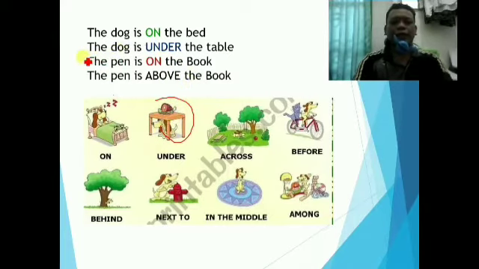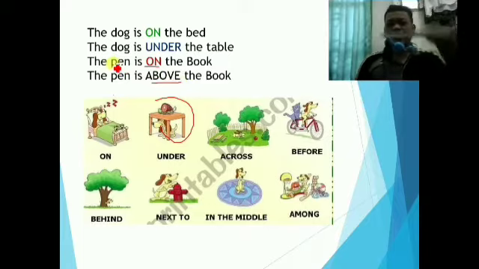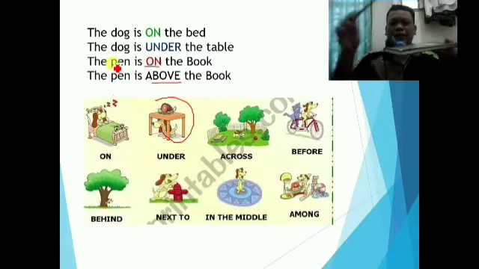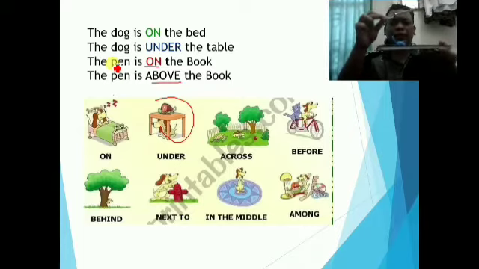Okay, here I gave you a small illustration related to the difference of on and above. Sama-sama di atas, dua ini berarti on and above. So the first sentence is the pen is on the book. Okay, I have a book, and this is I have a pen. So this is the pen is on the book. It means the pen sticks on the book like this.